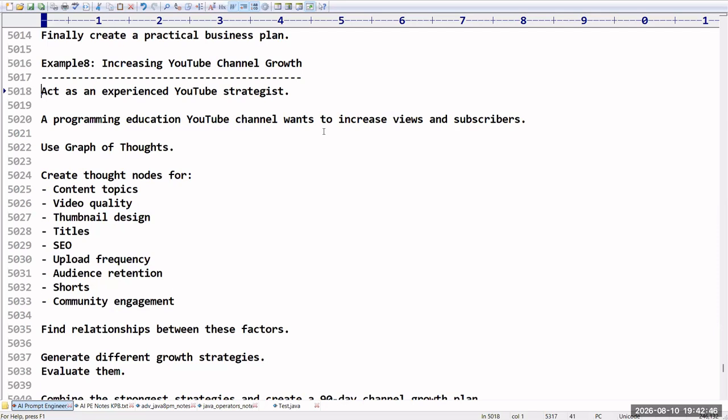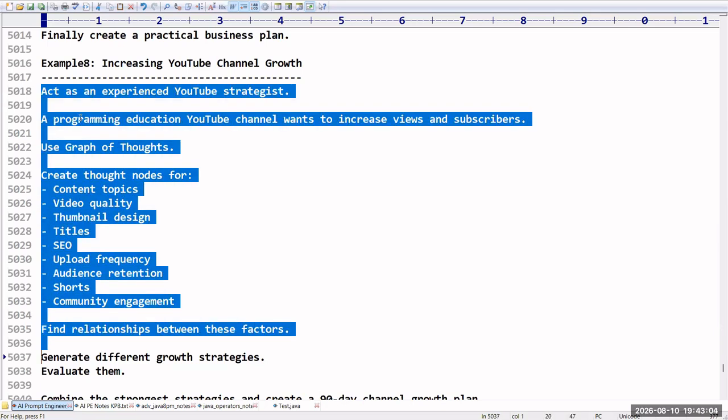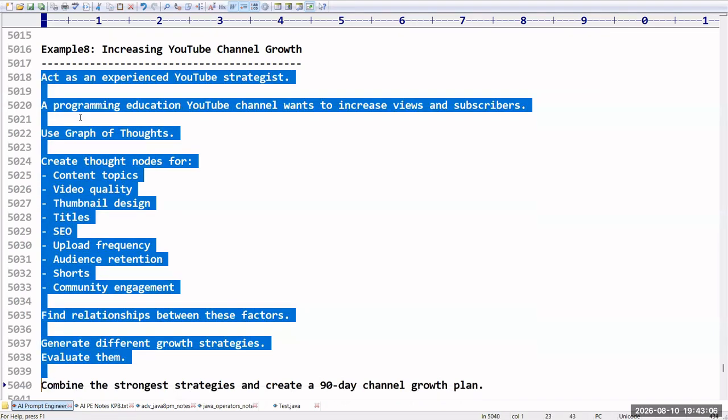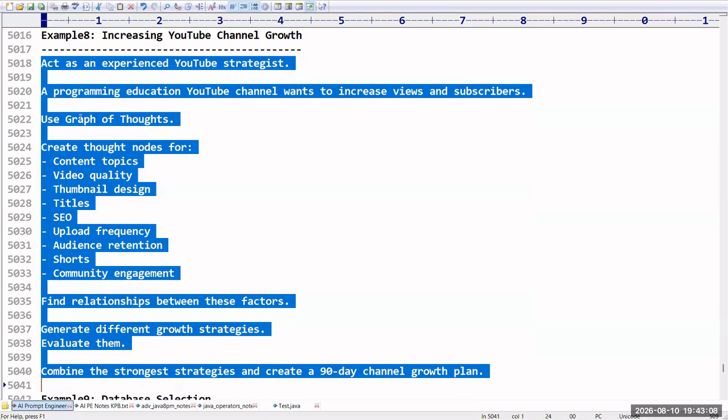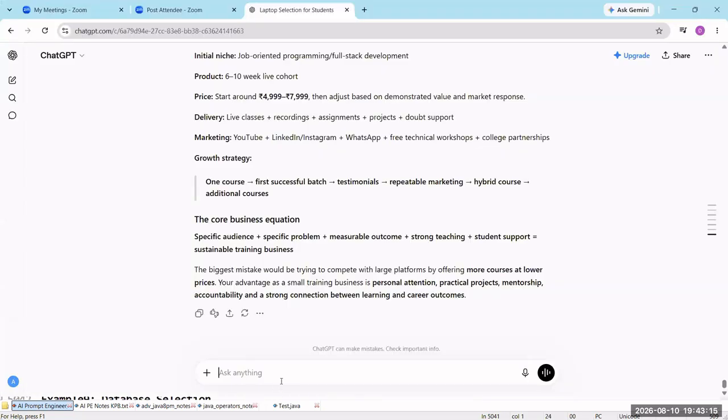Create thought nodes for content topics, video quality, thumbnail design, titles, SEO, upload frequency, audience retention, shorts, community engagement. So find the relationship between these factors, generate different growth strategies, evaluate them, combine the strongest strategy and create a 90-day channel growth plan.